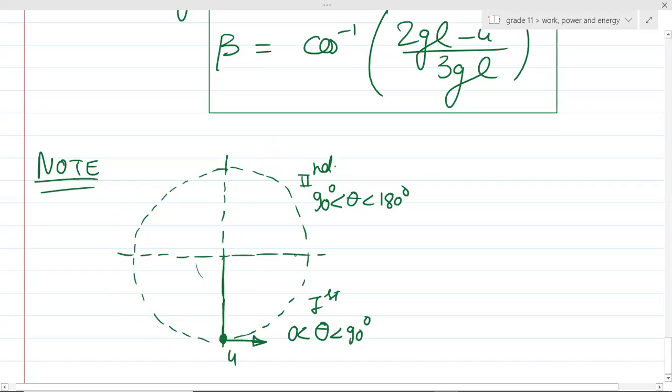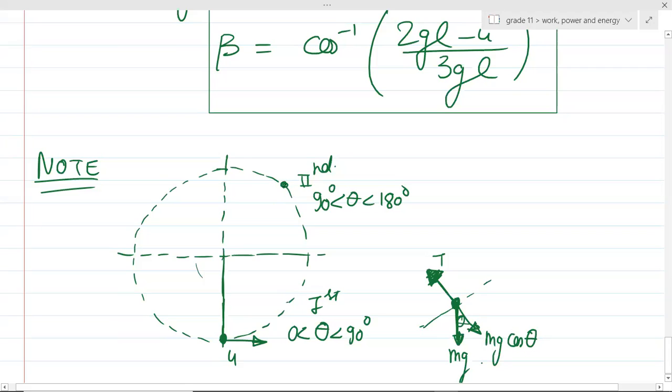So remember, in the lower half, tension will be acting in this direction and mg in this direction. Yes or no? So at this particular instant, can I say one of the components is opposing? One component of mg is opposing.